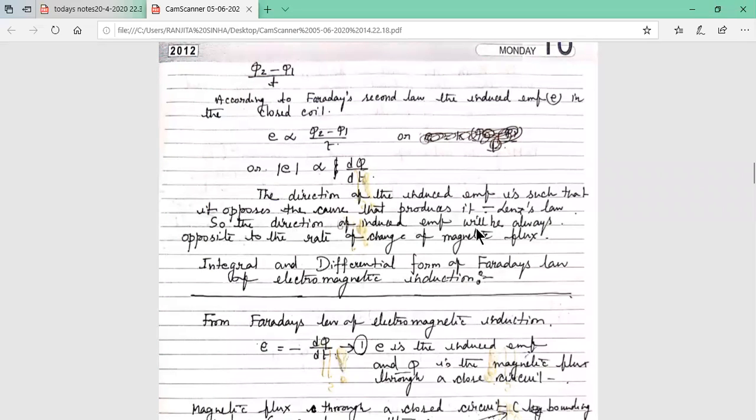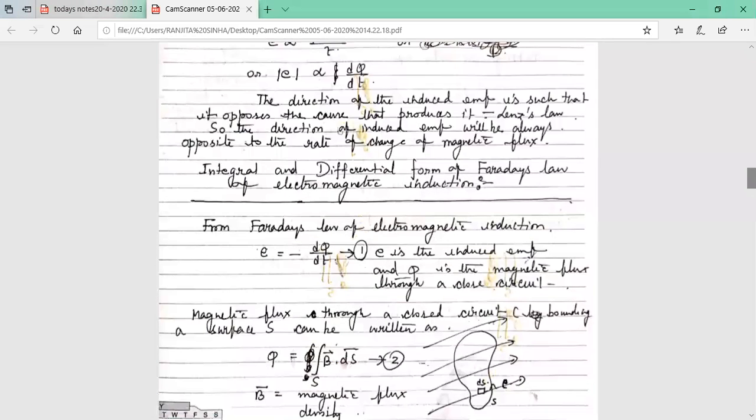So the direction of the induced EMF will always be opposite to the rate of change of magnetic flux, so the minus sign is given here. As we have taken the mod value, we write like this, but they are opposite to each other. So these are Faraday's laws of electromagnetic induction.